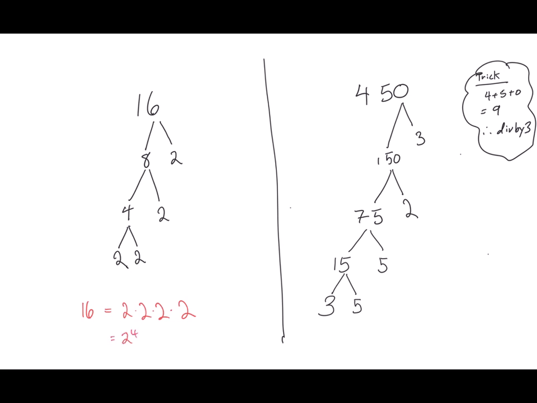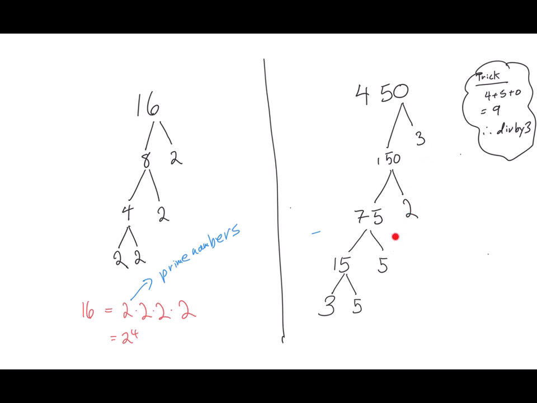You'll notice that each of these numbers here are prime numbers. And if you look here on our second graph, our second calculation, we have 450 is 3 times 2 times 5 times 5 times 3.